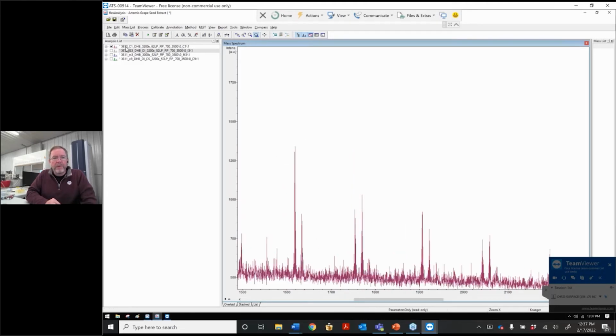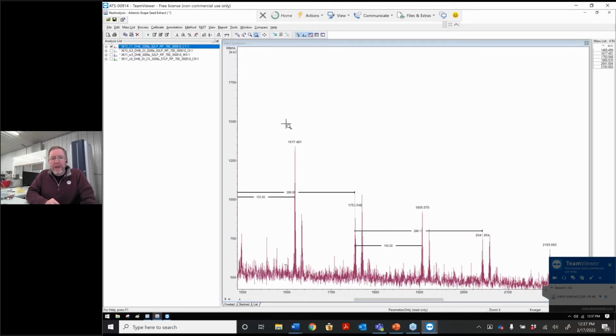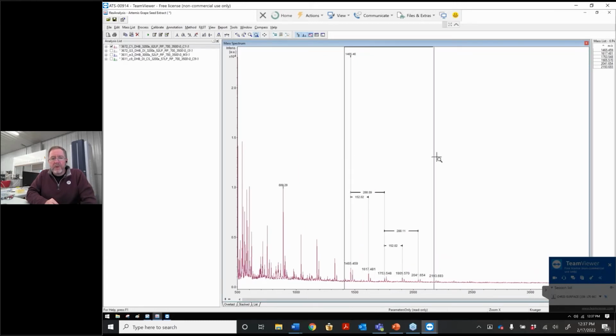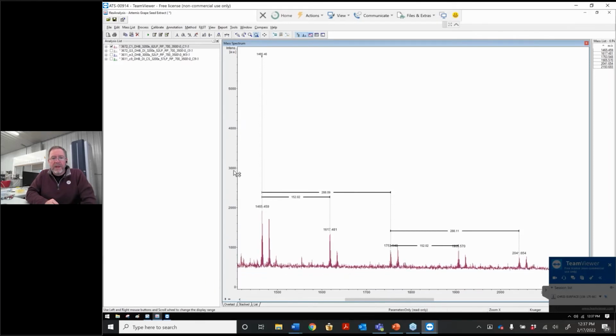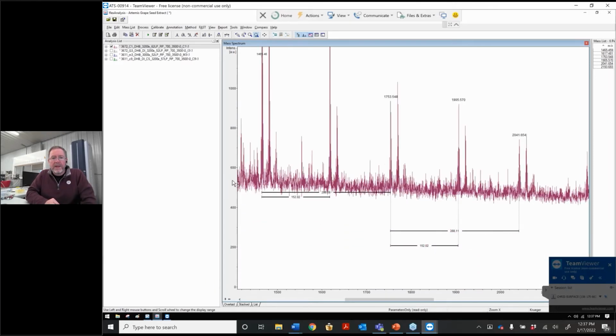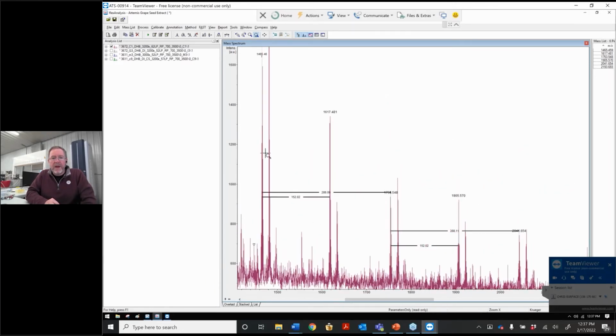I'm going to just put these labels on just to be able to show everybody that what we're looking at here is a polymer distribution in which we have 288 mass unit differences. That's a difference in degree of polymerization. And we also have compounds that have 152 mass unit differences.